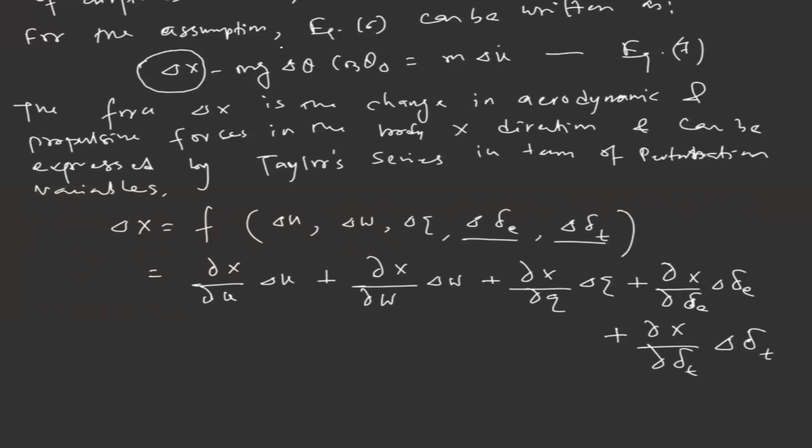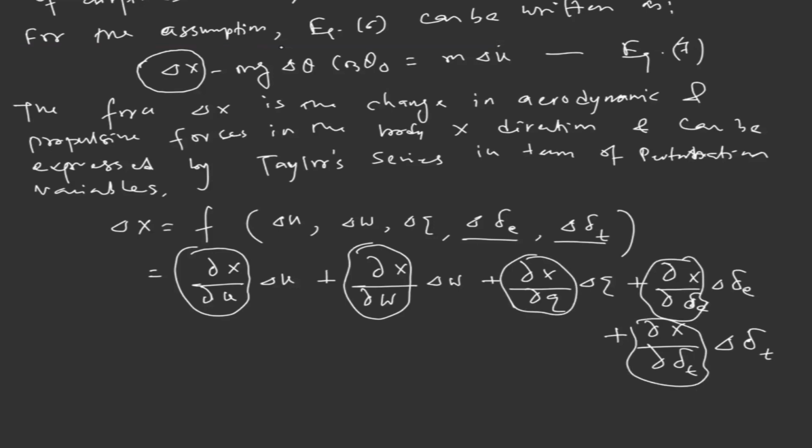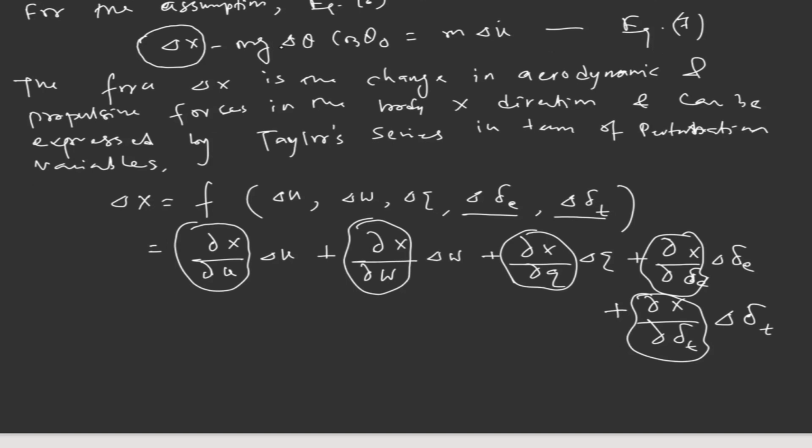This is how we can write the Taylor series expansion. These terms are called stability derivatives. If you look from a control theory perspective, these are basically the Jacobian matrix in the Taylor series expansion. Let me denote this as equation number 8.